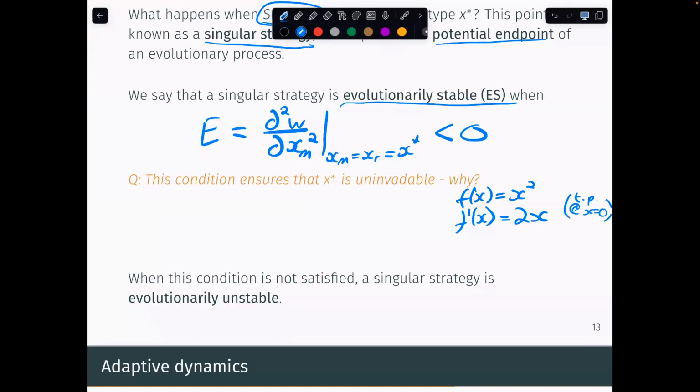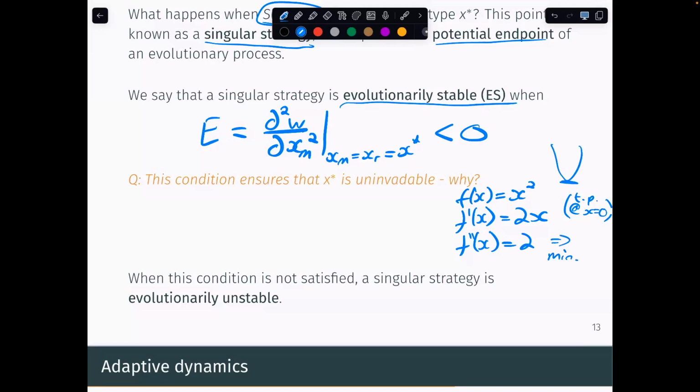And then to work out whether at x equal to 0 this is a maximum or a minimum, we look at our second derivative, in this case equal to 2. We know from the shape of x squared that x equal to 0 is a minimum. So this implies a minimum.